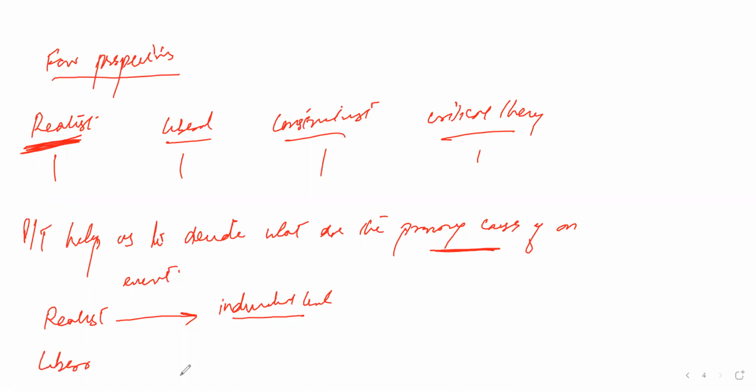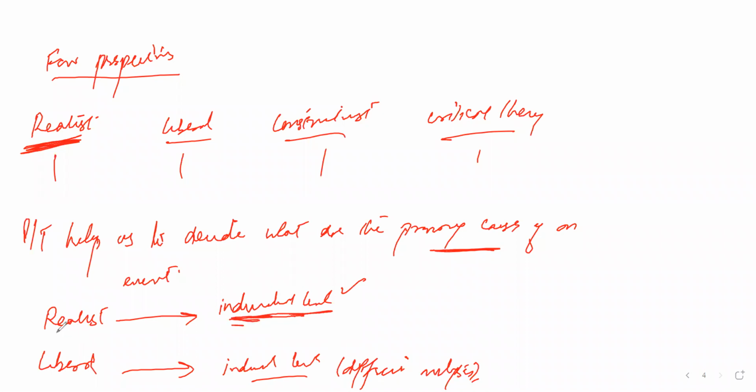And on the same event, if you apply a liberal perspective, the individual level would come up with a different analysis. So things are not in black and white, that whatever you have concluded at the individual level through the perspective of realism, that's it, and now no other perspective or interpretation can be applied. No, it's wrong.